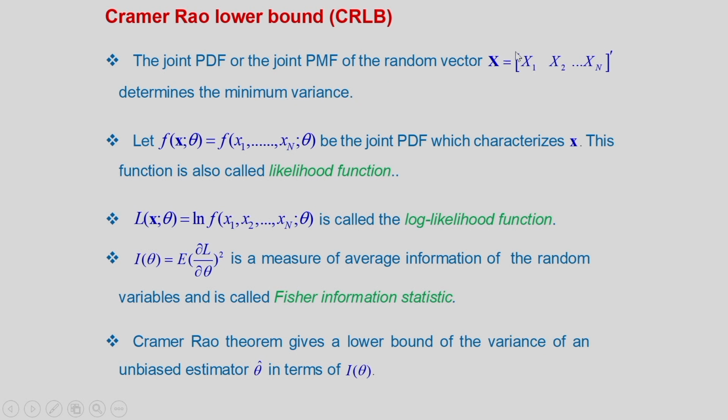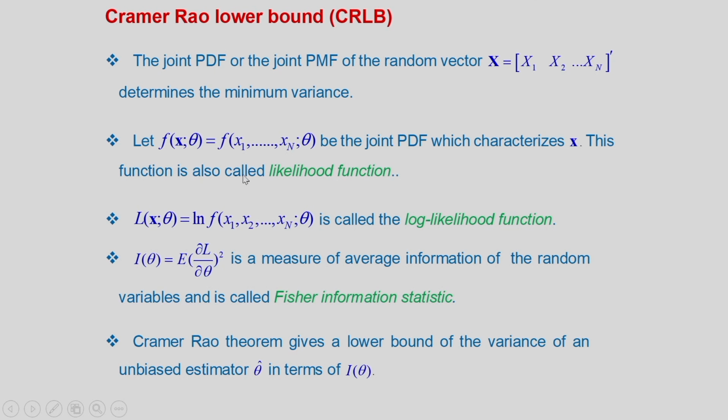Theta hat is a function of these random variables. Let f x; theta, that is equal to small f of x1, x2 up to xn semicolon theta, it is a function of theta, be the joint PDF which characterizes the random data vector x.